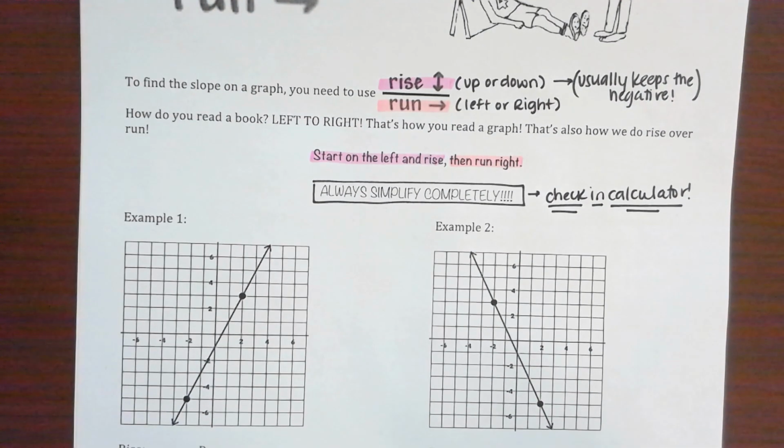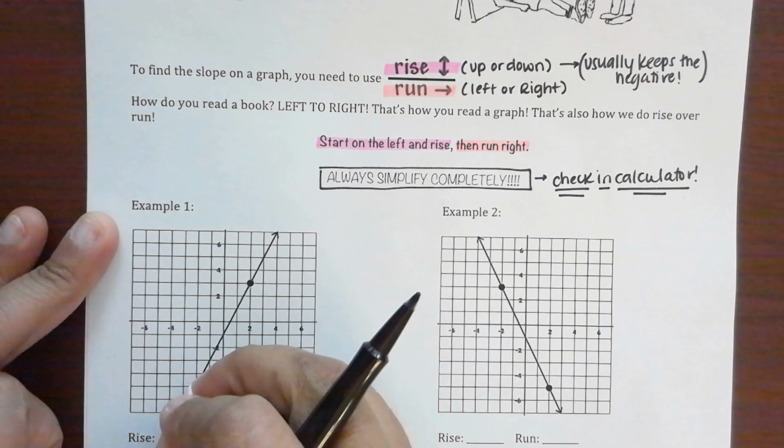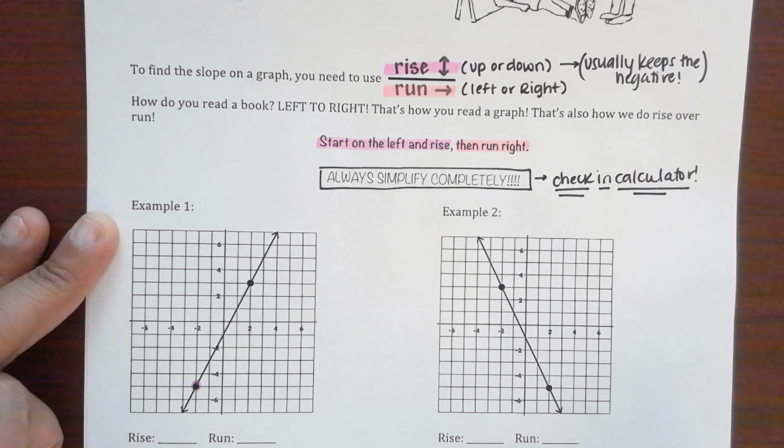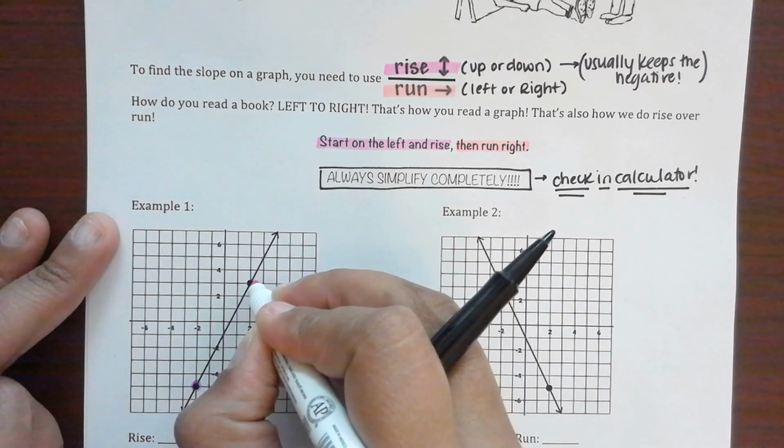So if I'm looking at example 1, I need to start at my leftmost coordinate. Can you tell me what coordinate that point is? -2, -5. So which means I'm starting right down here at -2, -5. From this point, I'm trying to reach this point.